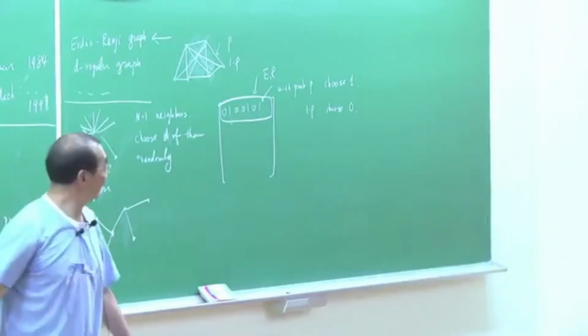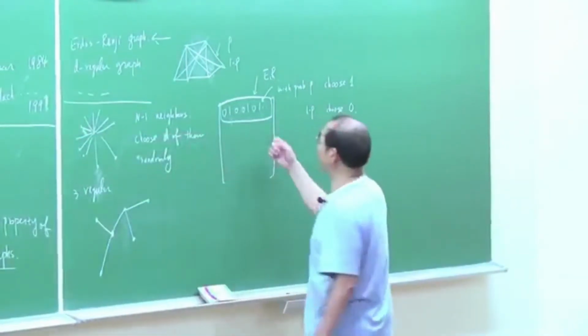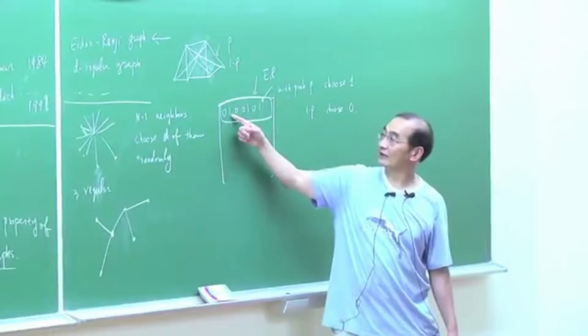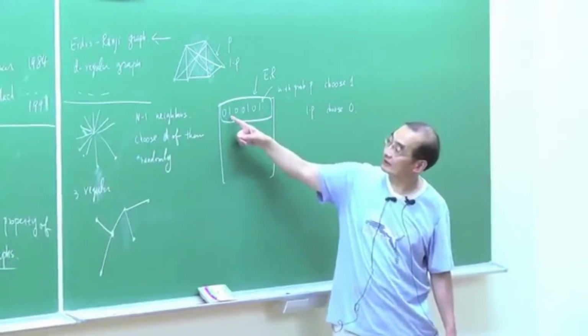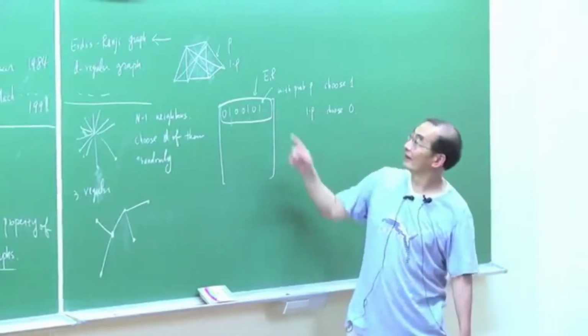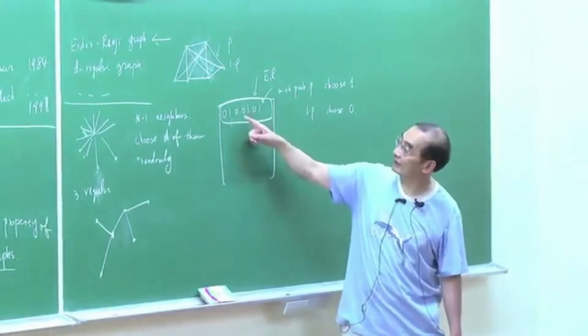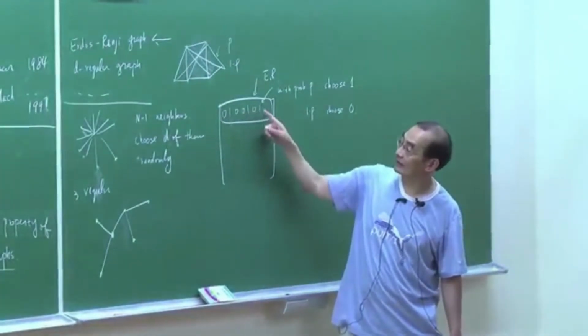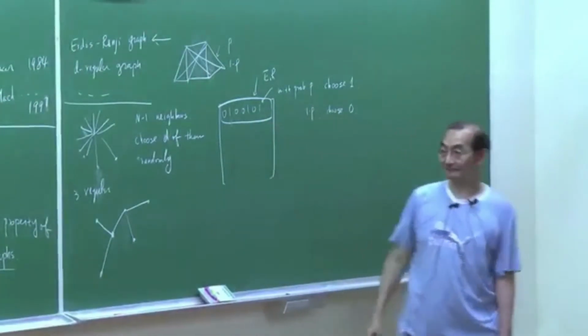So the D-regular graph has correlation. For Erdős-Rényi, even if I know these 3 are 1, everything else is still independently 0 or 1.